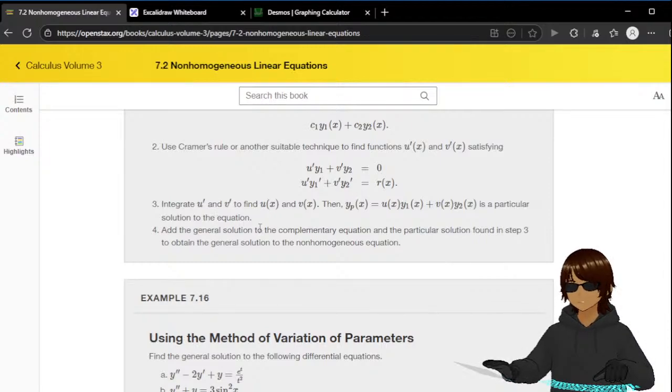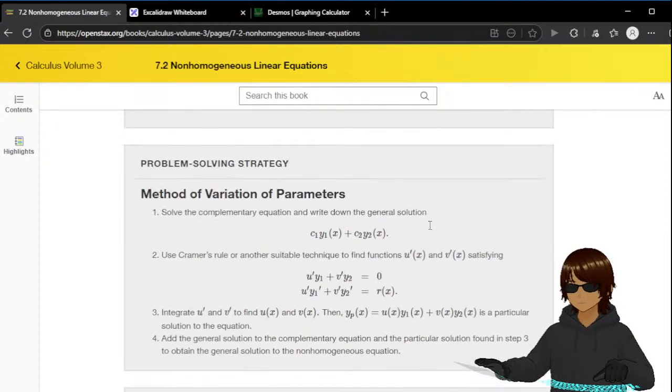Add the general solution to the complementary equation and the particular solution found in step 3 to obtain the general solution to the non-homogeneous equation.